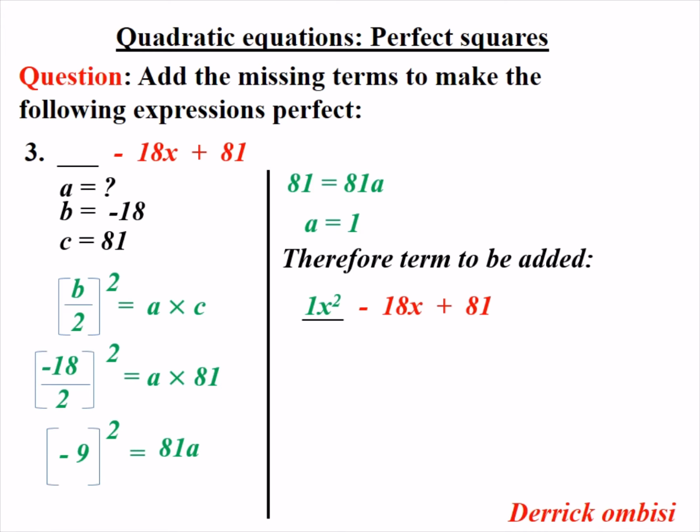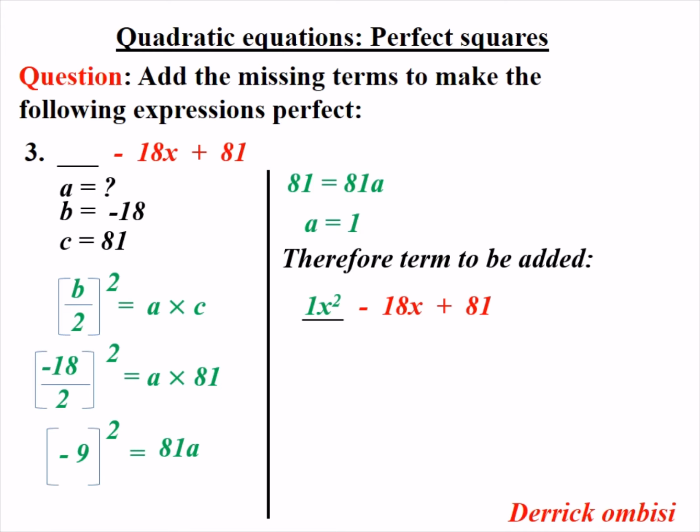For any perfect square expression, the coefficient of x, which is b, divided by 2 and then squared, should give you the coefficient of x squared, which is a, multiplied by the constant, which is c.